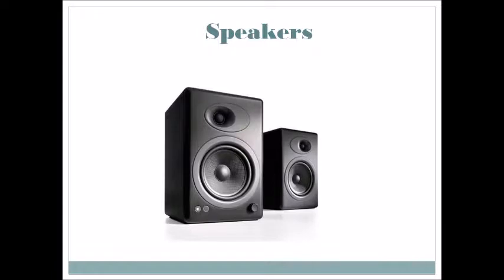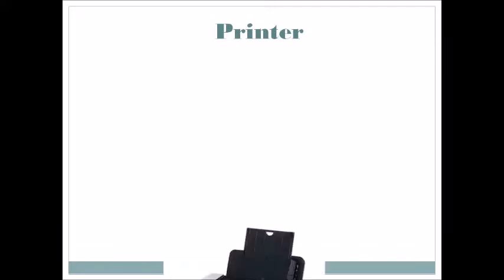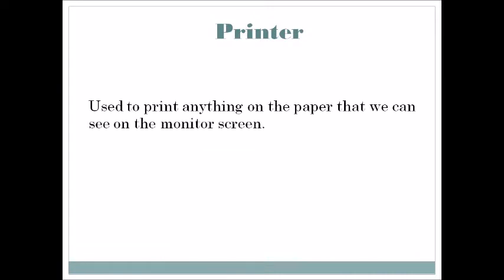The speaker is used to give us sound output from the computer. Next is the printer. The printer is a hardware component used to print on paper anything that we can see on the monitor screen.